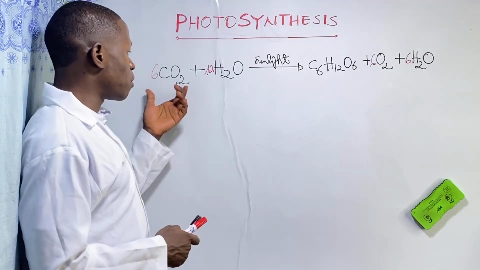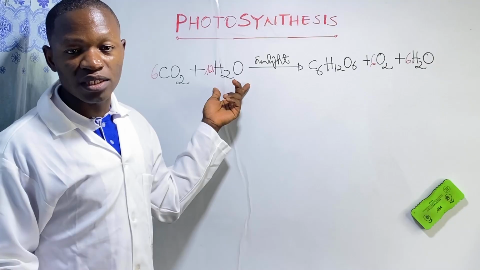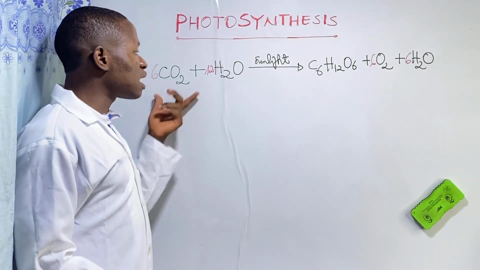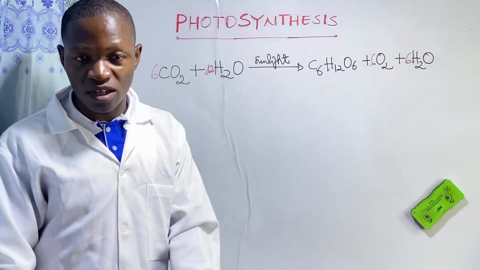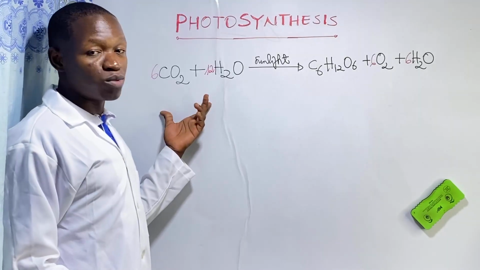Simple because carbon dioxide is a linear molecule. Water is a bent or V-shaped molecule. These are simple molecules, which are inorganic molecules, right? They don't fall in organic chemistry, so they are inorganic molecules.